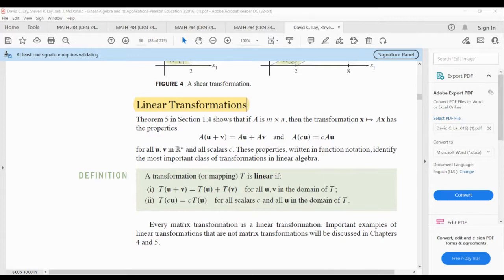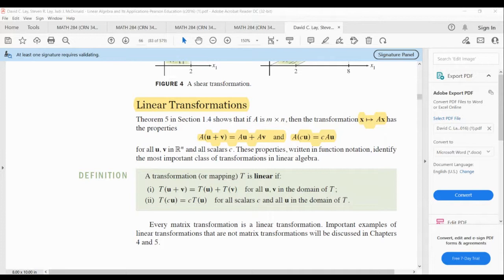By the properties of matrices, when you multiply them by vectors, these two properties are true when you take a matrix and multiply it by a vector x. They denote the transformation symbolically this way: you're taking a vector x and mapping it into the vector Ax.